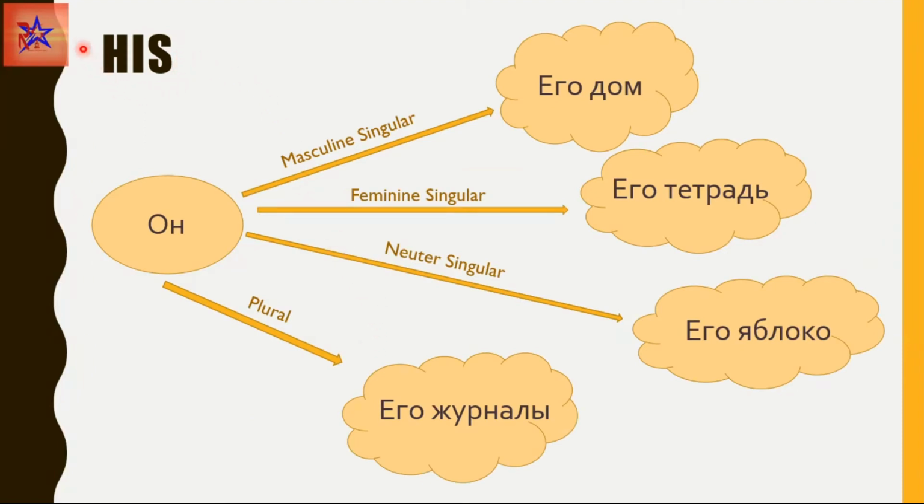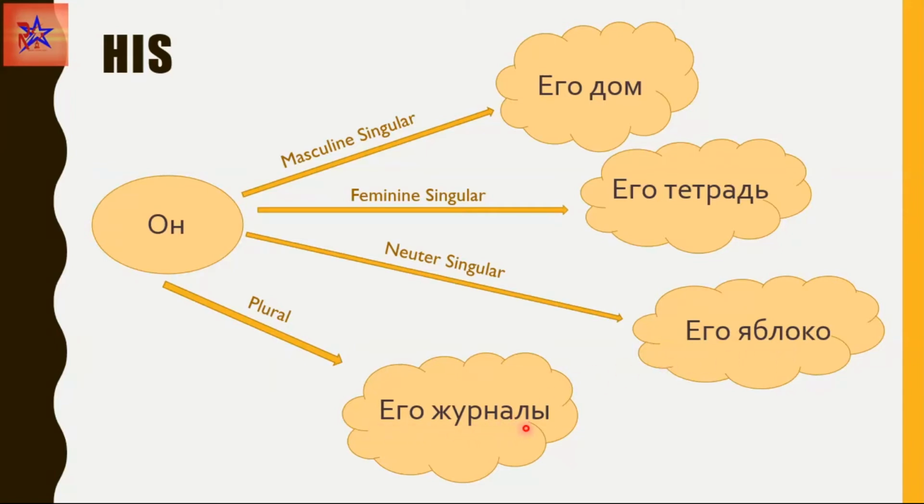So next pronoun is his. As you see, there are four forms again, and luckily for you, there's only one form to learn, его. Even though it's written like его, in this case it's read like его. Его дом, его тетрадь, его яблоко, его журналы.